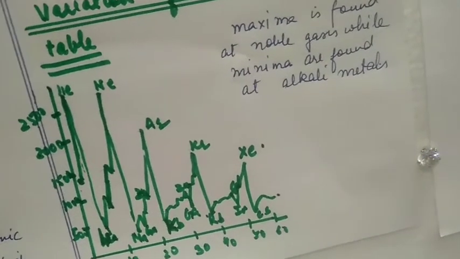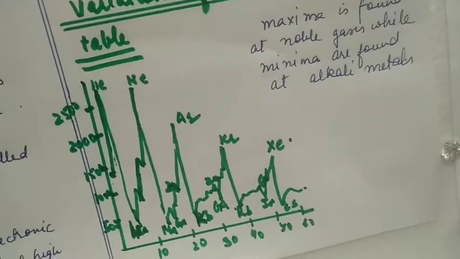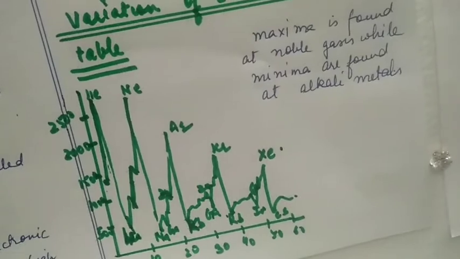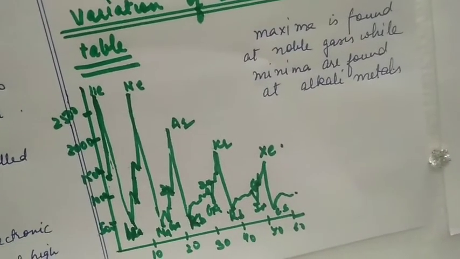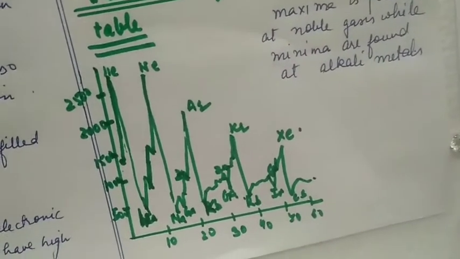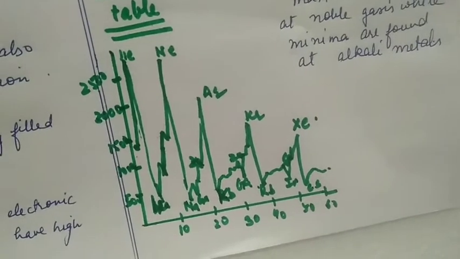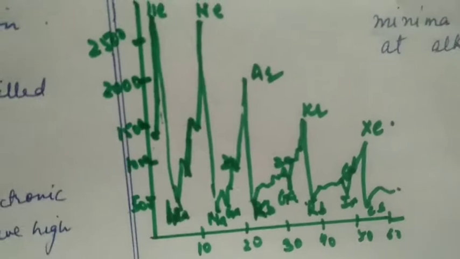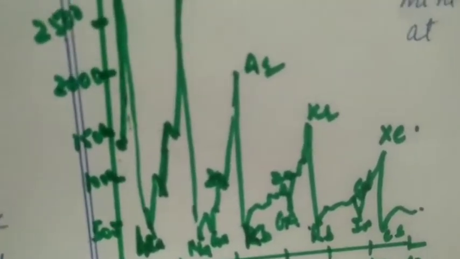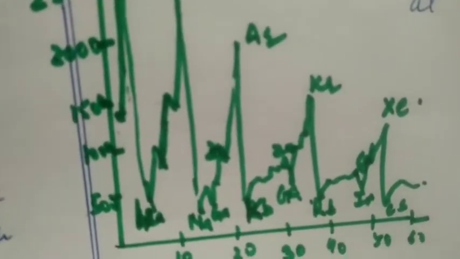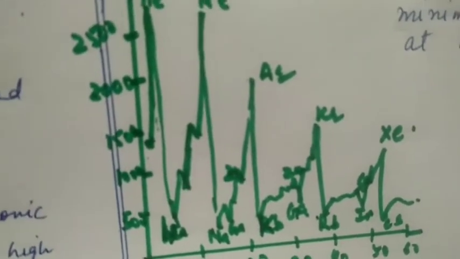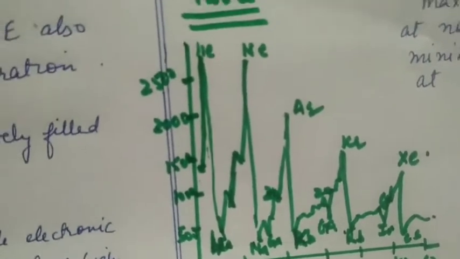They have the least ionization enthalpy. This is because electronic configuration for noble gases is most stable, so higher energy is needed to remove the electron, whereas for alkali metals by losing one electron, outermost electron, they can be stable, so that electron is lost very easily by giving small amount of ionization enthalpy.